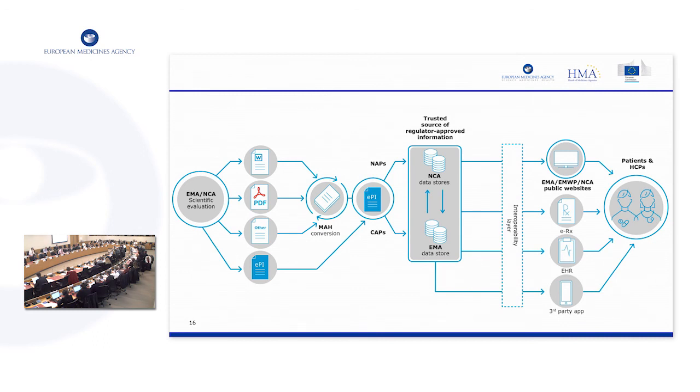And part of it is confidential, only accessible by the company and regulators. And the end part of it, which is approved EPI, will be public and accessible for the other stakeholders. That will be the goal. And then we have the conversion part, which is there only for the transitional period.